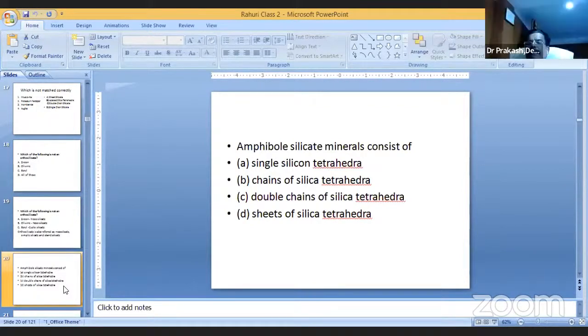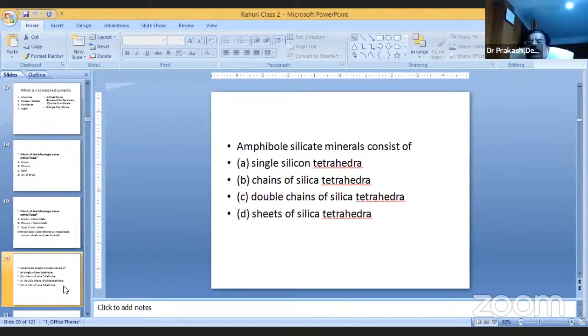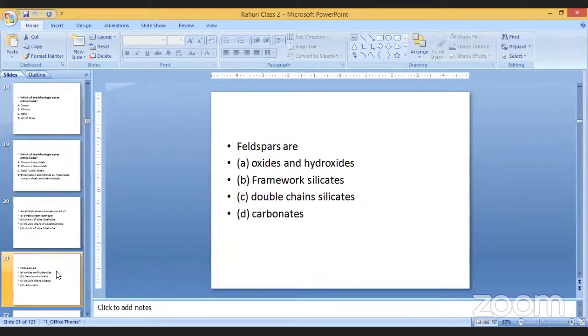C is right, because it's a double chain of silica tetrahedra, where 2 single chains cross-link each other. So that is the double chain silica tetrahedra. Feldspar are oxides and hydroxides, framework silicates, double chain silicates, carbonates. So framework silicate, B.